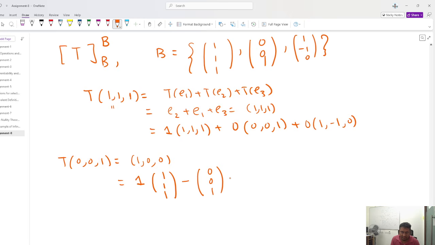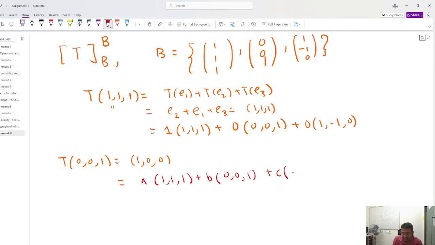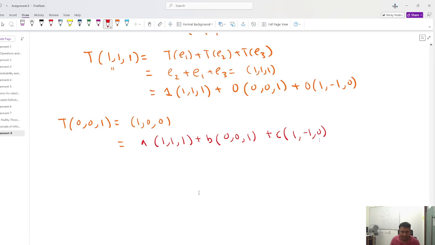We have to see how you can write it as a linear combination of these three vectors. It's not very hard to see. So let us write A into 1, 1, 1 plus B into 0, 0, 1 plus C into 1, minus 1, 0 and construct the equations.